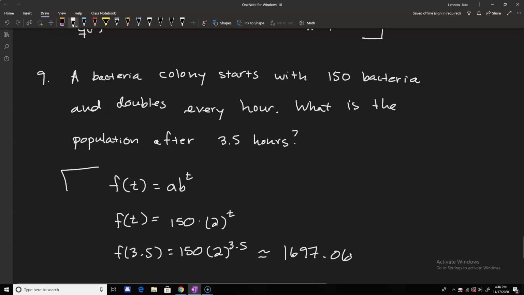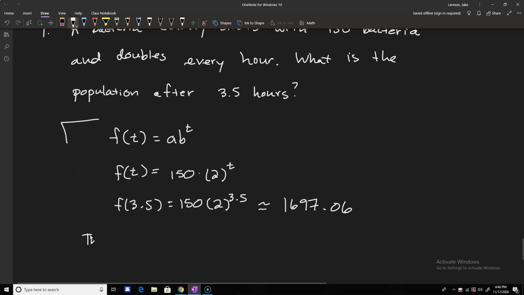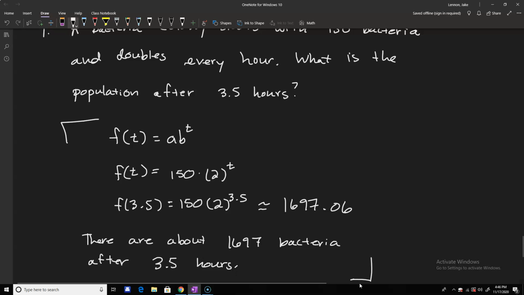So we could say there are about 1,697 bacteria after 3.5 hours. And that would be it.